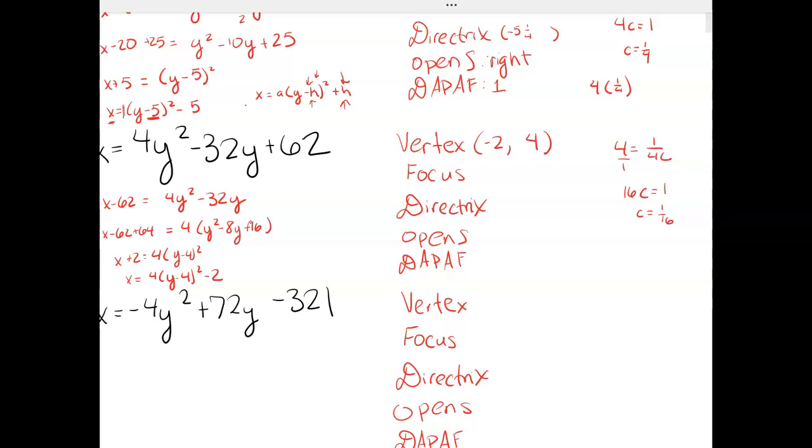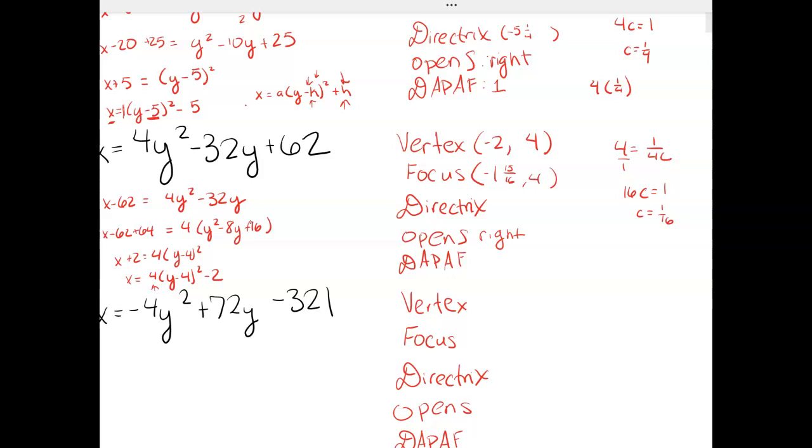Alright, probably helpful to know which way it opens. Again, I see that a is positive, so it should be opening to the right again. Which means that my focus should be going in a positive direction as well, opening to the right. So I should just get negative 1 and 15/16 if I'm going 1/16 to the right, comma 4.